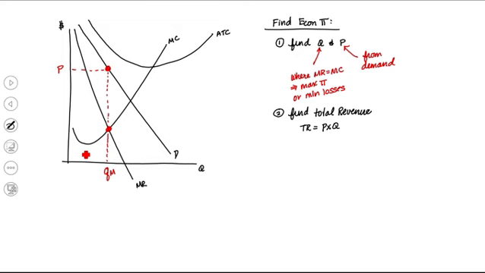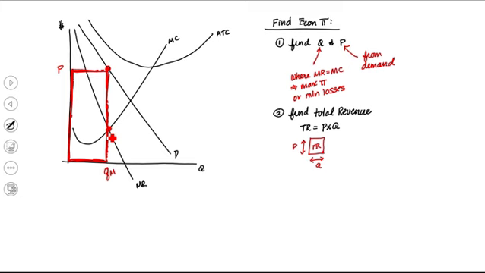So does everyone agree we're looking for a box, which is going to represent total revenue, and that box is going to have a height of P and a length of Q. So here's my height of P, and here's my length of Q. So does everyone agree that total revenue is going to be this red box right here?